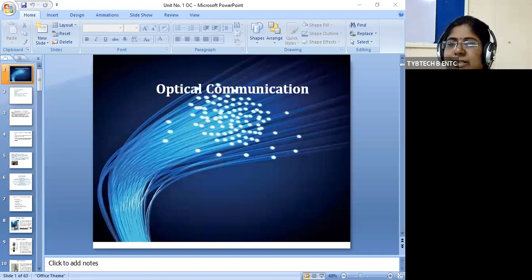Then advantages and disadvantages. Basically these 2 points we will try to cover today. As I told initially, we will go somewhat slow for the initial chapters, at least for chapter number 1. Once you understand the basic concept, we can go somewhat fast as per your convenience.